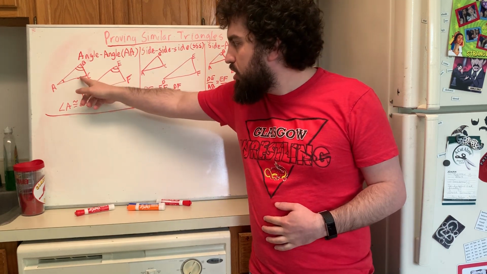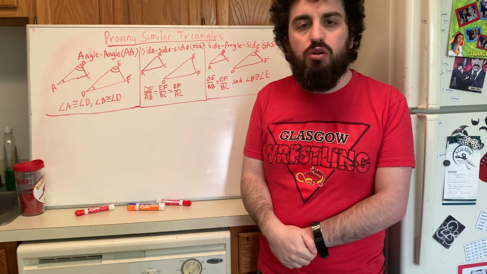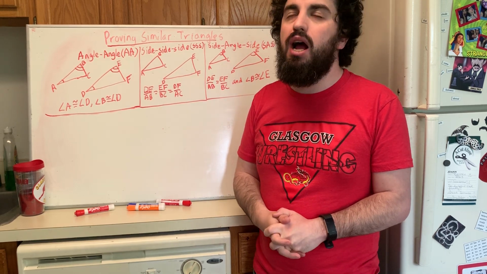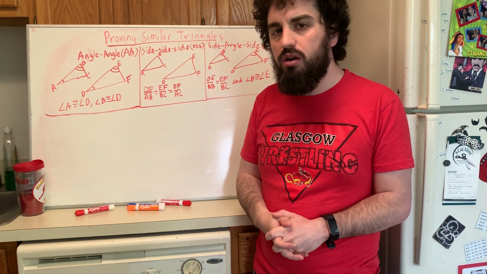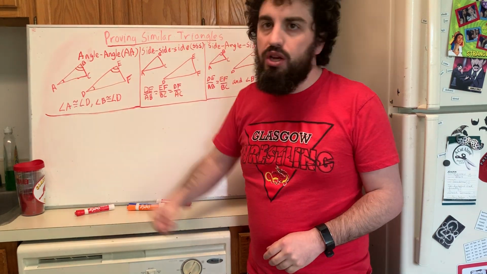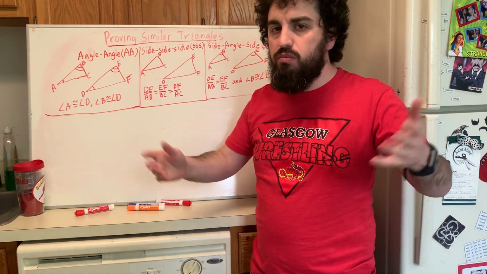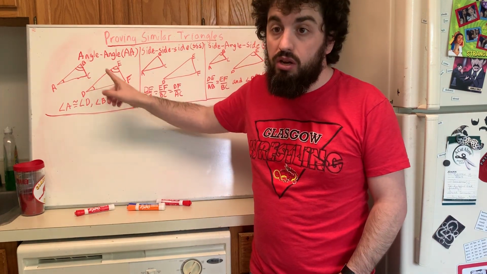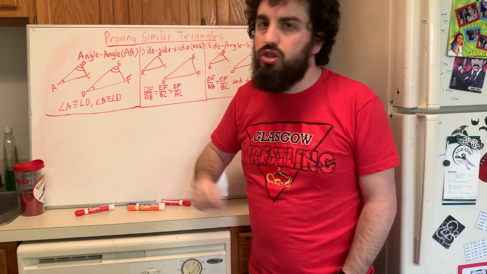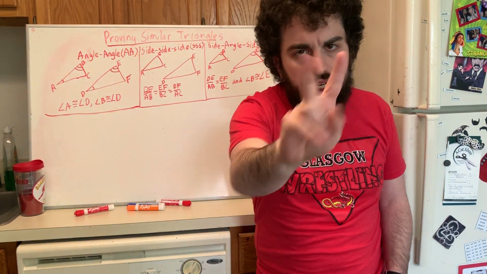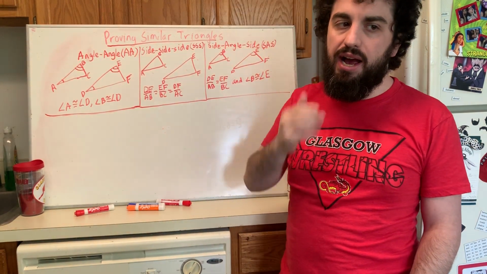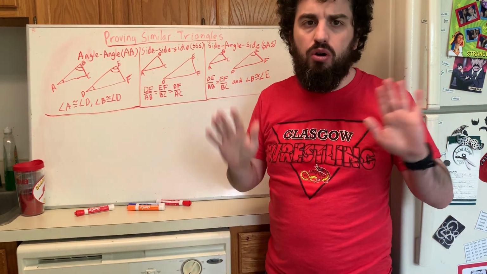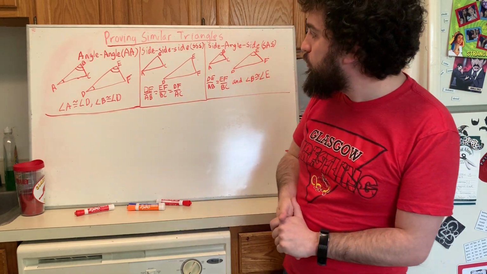I don't need the third, C and F, to be equal to prove this because the angles in a triangle always have to add up to 180 degrees. If I know what two of them are, the third has to be 180 minus those two. So if these are the same, these are the same, by that logic, these two would have to be the same. That's why you only need two of the three angles to make that claim. So if you had two angles, angle, we are done for our proof.